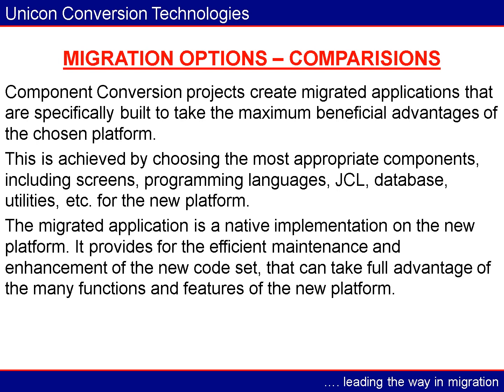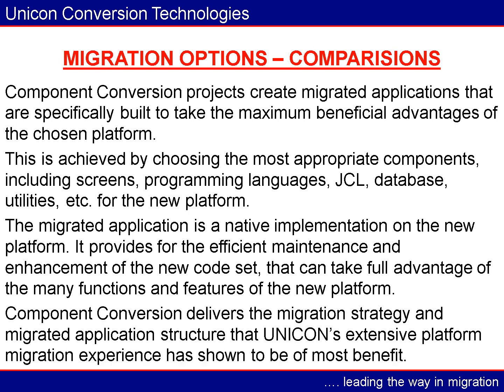The migrated application is a native implementation on the new platform. It provides for the efficient maintenance and enhancement of the new code set that can take full advantage of the many features and functions of the new platform. Component conversion delivers the migration strategy and migrated application structure that Unicon's extensive platform migration experience has shown to be of most benefit.